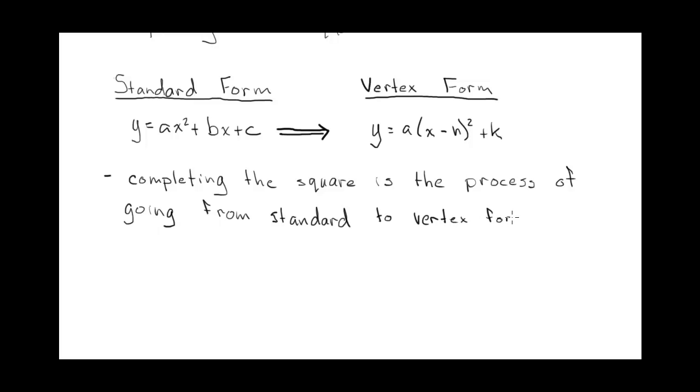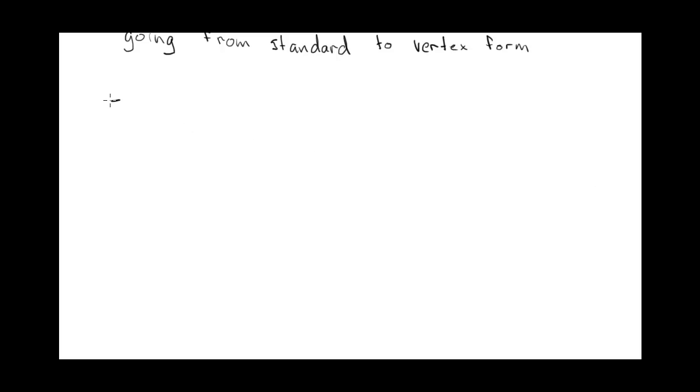And there are lots of reasons why you might want to do that. Remember, you can always determine the vertex. It's just (h, k) in this form. So this is useful because you can graph from vertex form. You can determine a maximum or minimum value from vertex form. So vertex form is a useful form to know. That's why we might want to take standard form to vertex form.